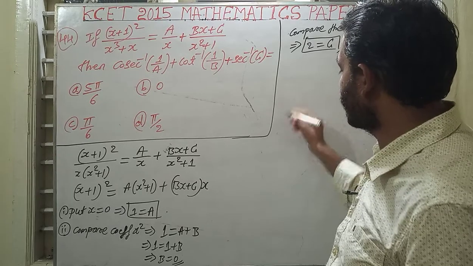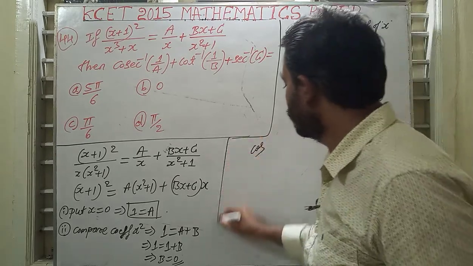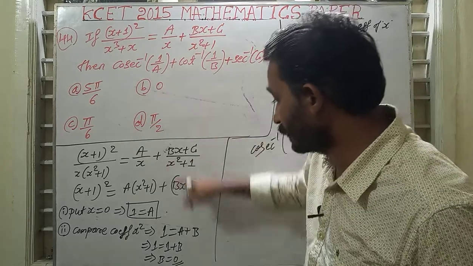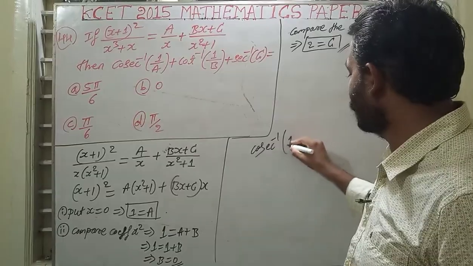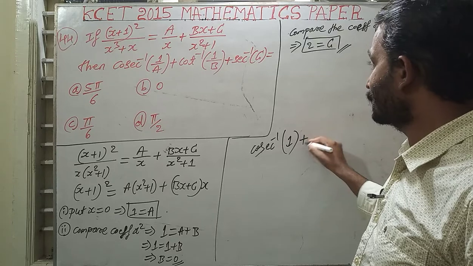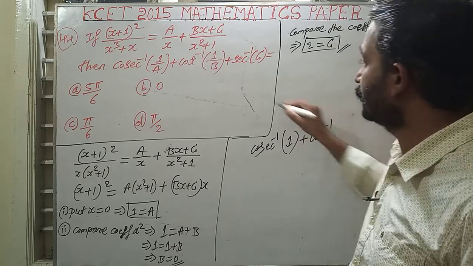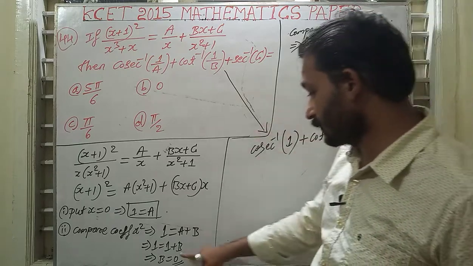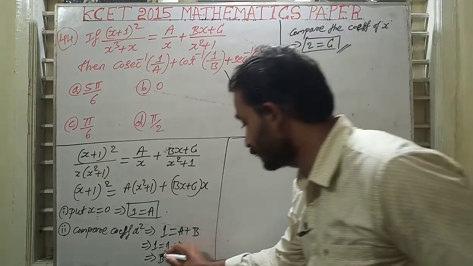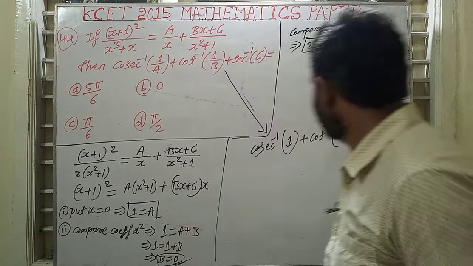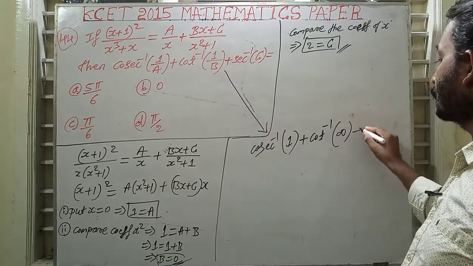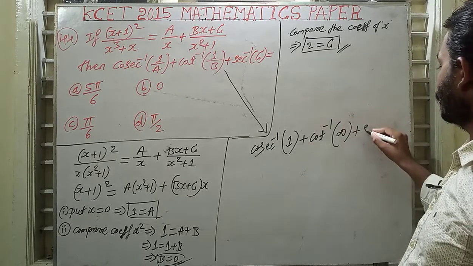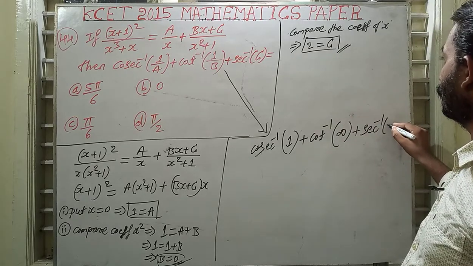Now let us take this data. What is the data? Cosecant inverse of 1 by a, nothing but a is 1, so 1 by 1, plus cot inverse of 1 by b. b is equal to 0, so 1 by 0 is infinity, plus secant inverse of c. c is 2, so it becomes secant inverse of 2.